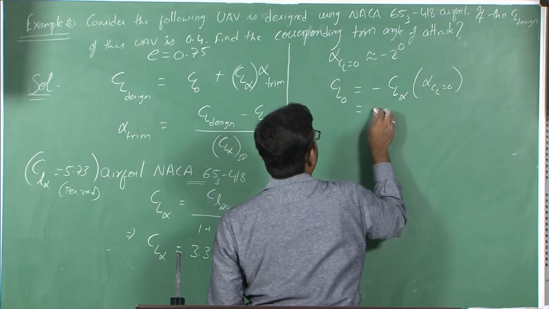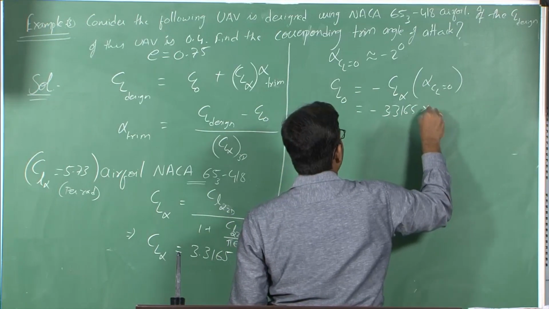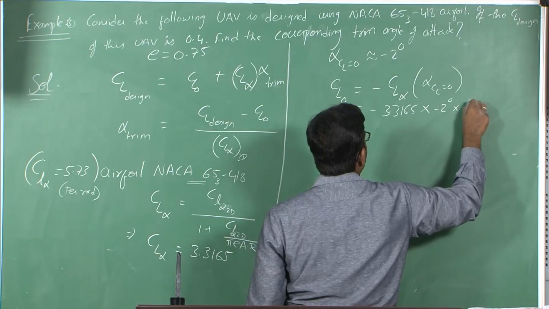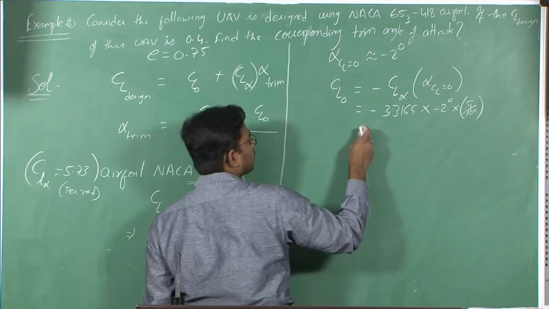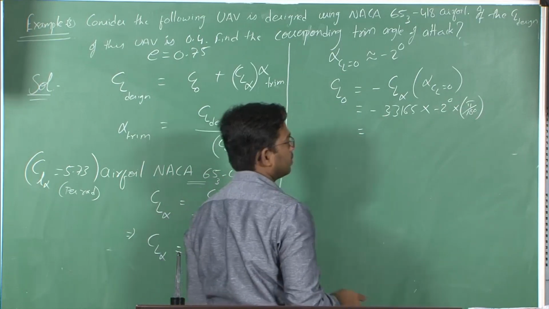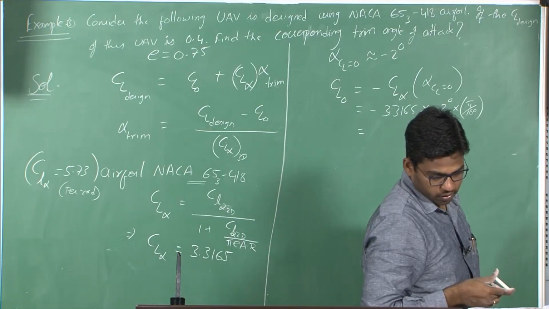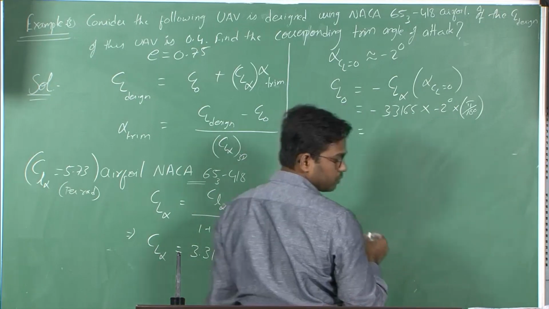This equals minus 3.3165 into minus 2 degrees into pi by 180, because this slope is in per radian. So, the corresponding value of CL naught is 0.1157.